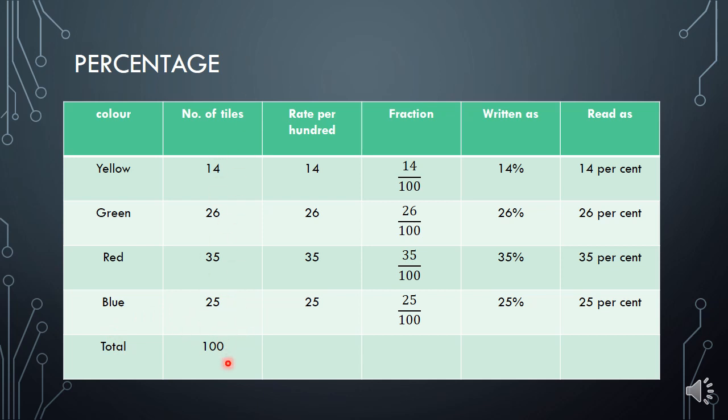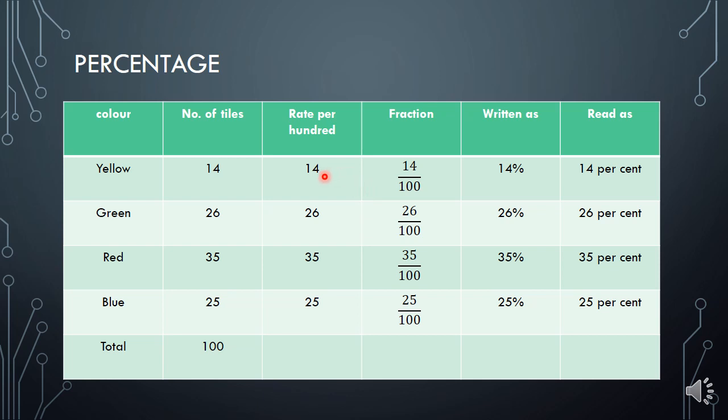So out of 100, how many yellow tiles are there? 14. Green tiles? 26. Red tiles? 35. Blue tiles? 25. And children, this we can write in fraction form. Number of tiles we can write in fraction form.